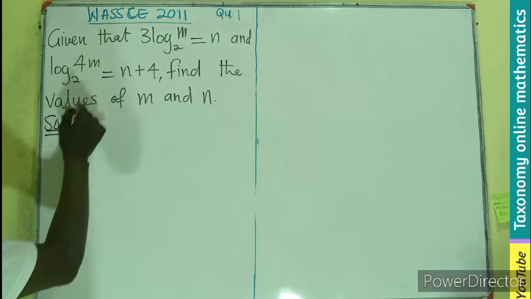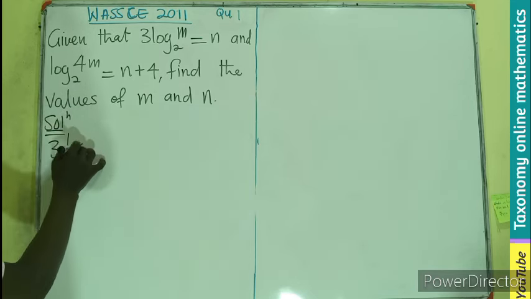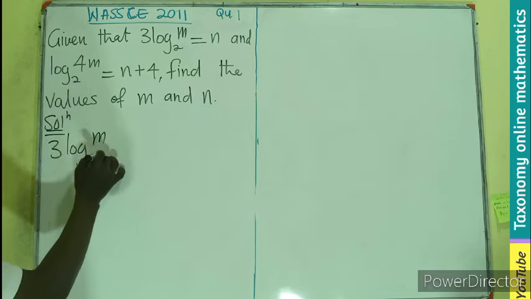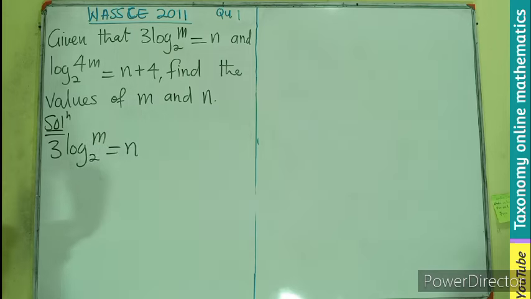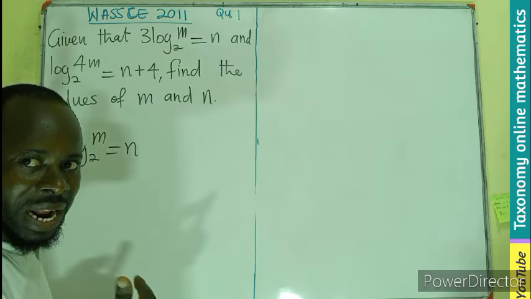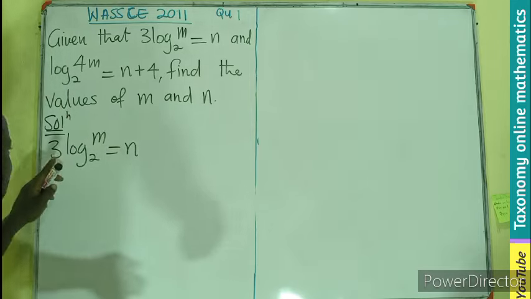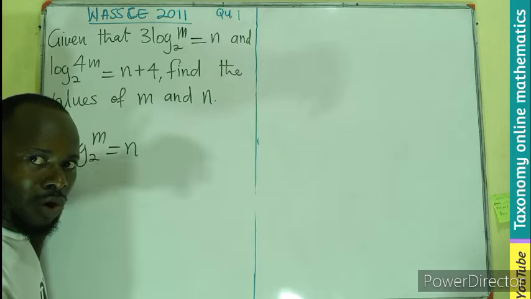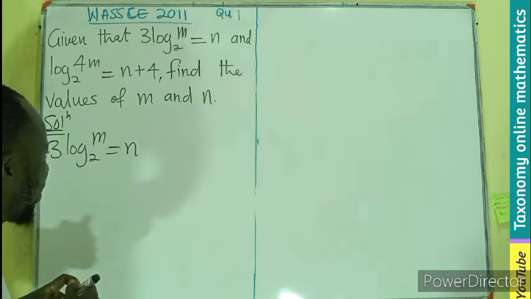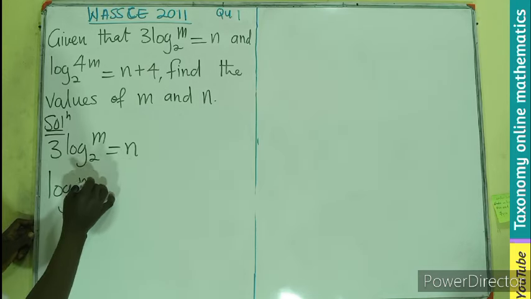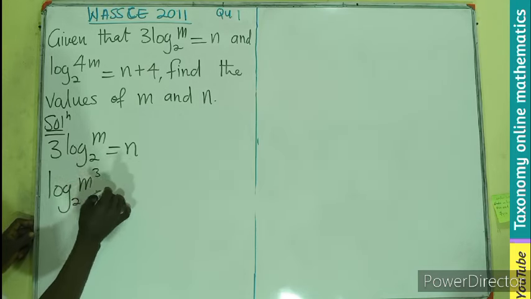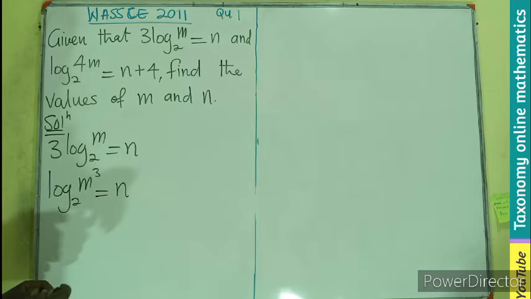the first log is 3 log m base 2 equals n. We can see right away that we can apply the third law, which is the number multiplying the log becomes an exponent of the argument, meaning log m exponent 3 base 2 equals n.